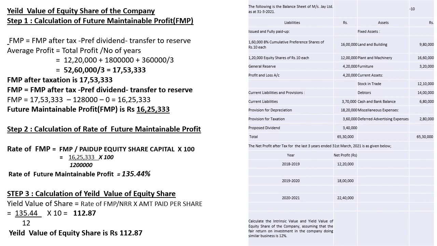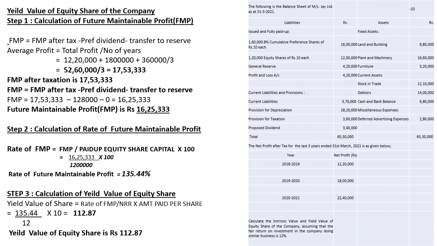Now put this FMP after taxation in the formula of FMP: 17,53,333 minus preference dividend. So what is the preference dividend here?